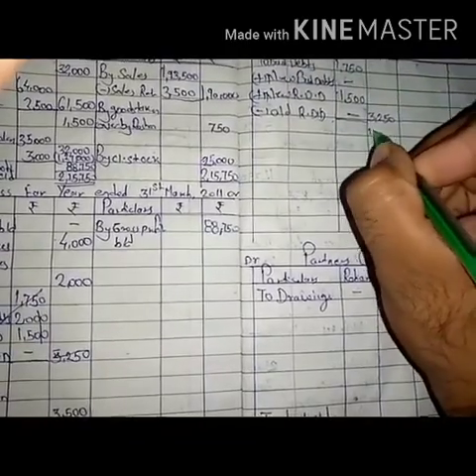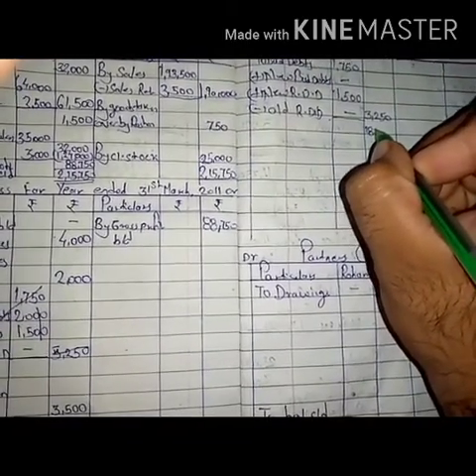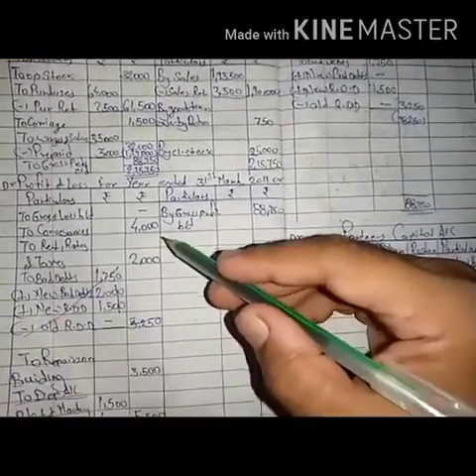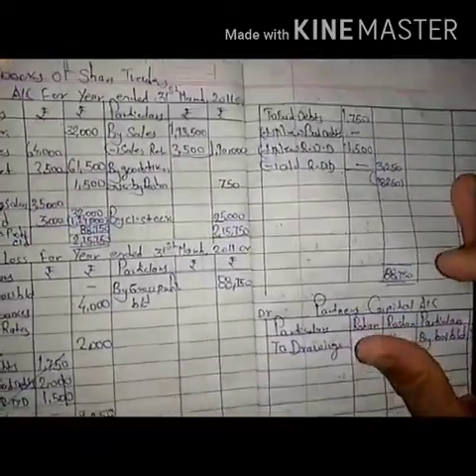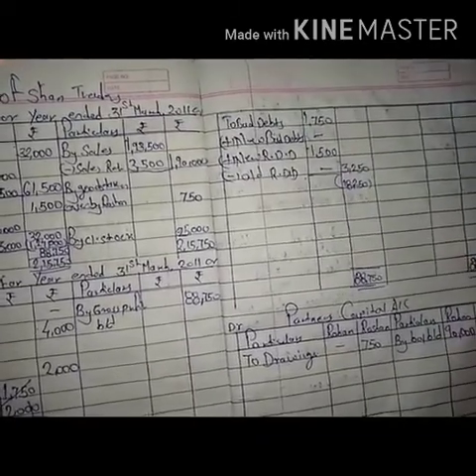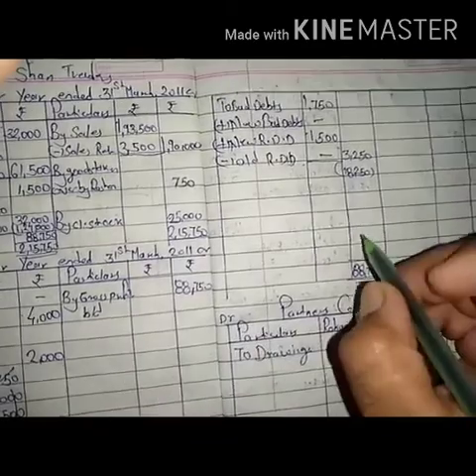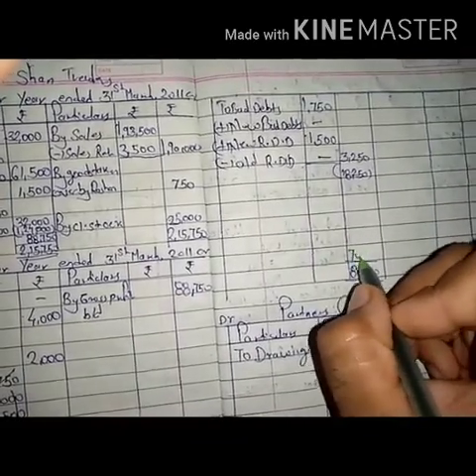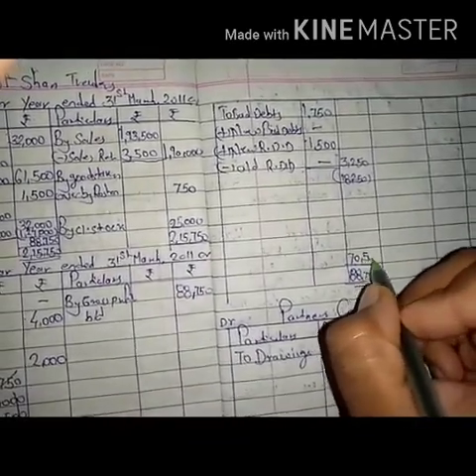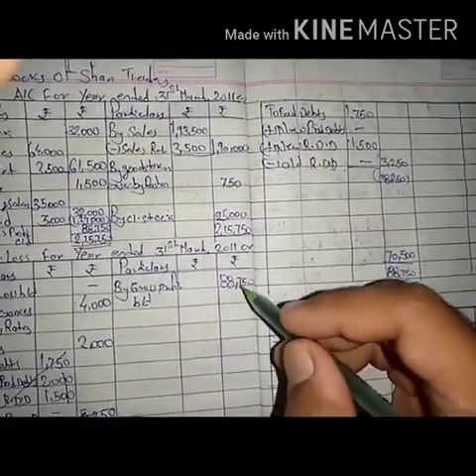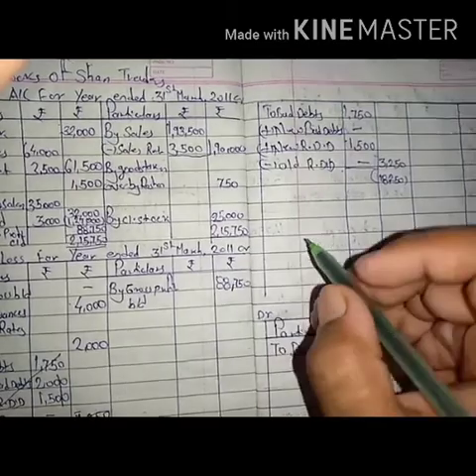As I find 18,250, you can also make the total of this account. 18,250 should be deducted from this account. After deduction, you will find the profit, that is 70,500. This profit is found just because we have again found the credit balance.